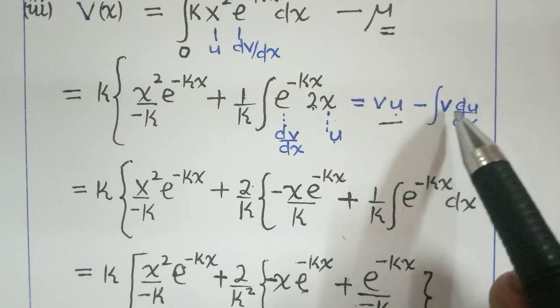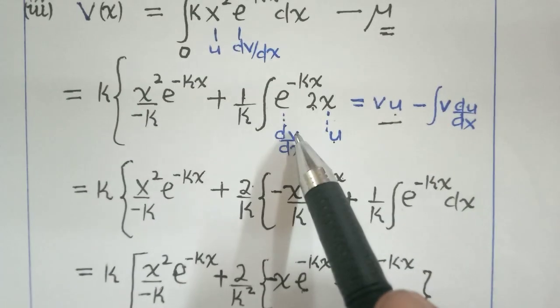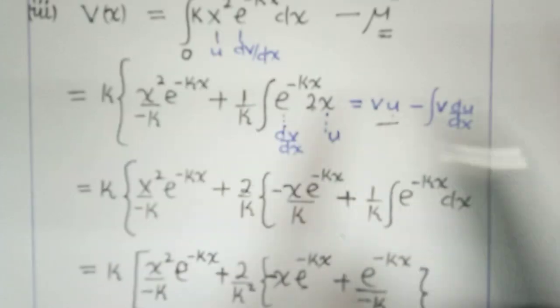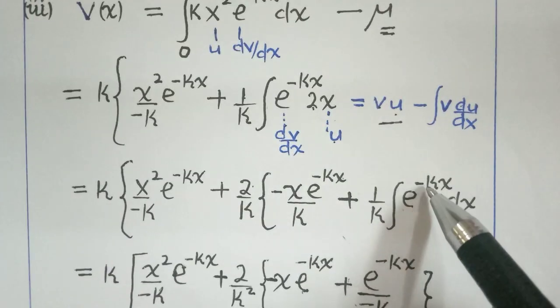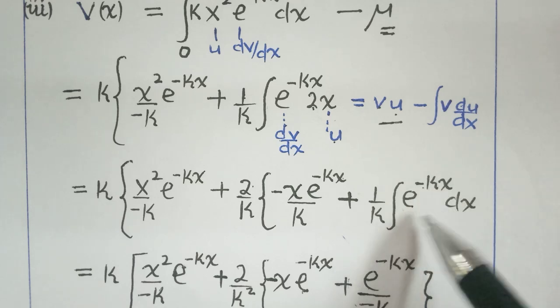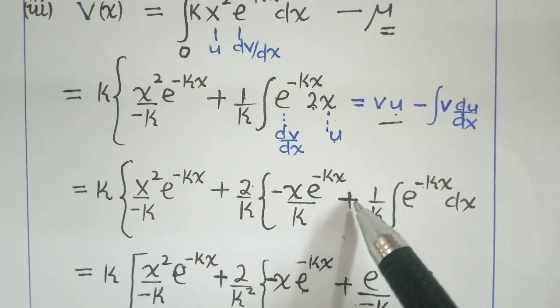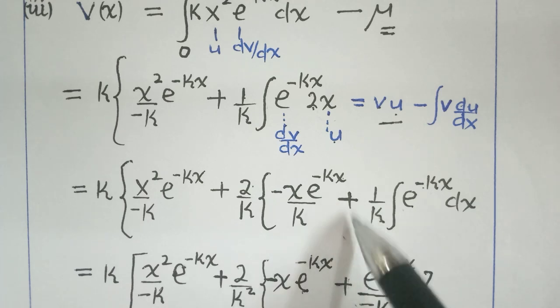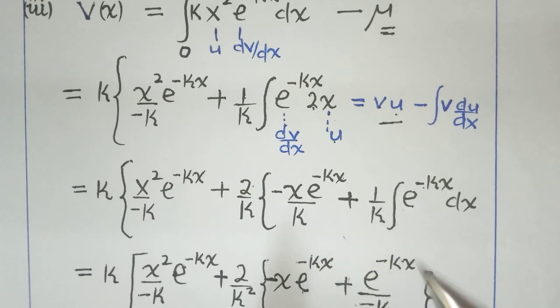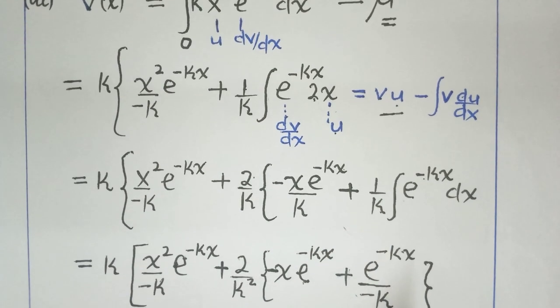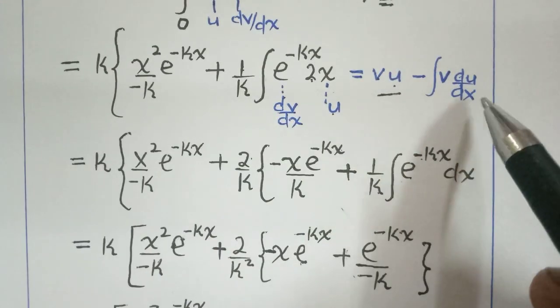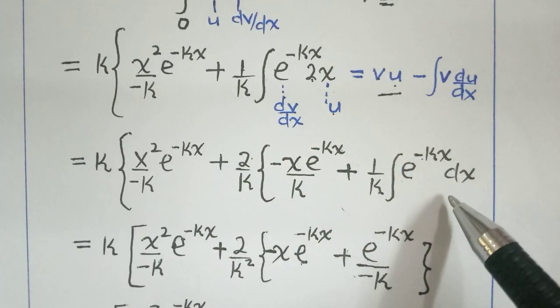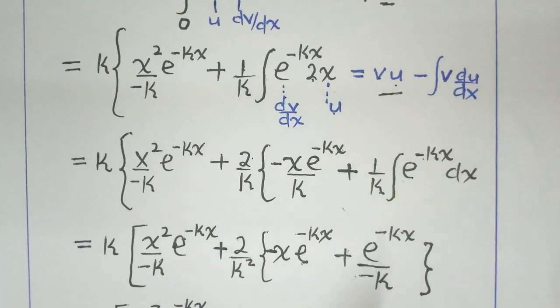When we come here, we have v, which is the integration for that, e raised to negative kx all over k. Because we had a negative here, and here we get a negative, this one we can cancel. And then we have du dx. For the du dx, it is actually 1, so it is actually not there.